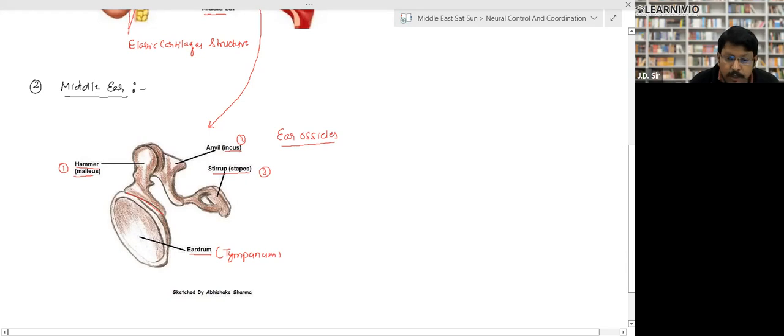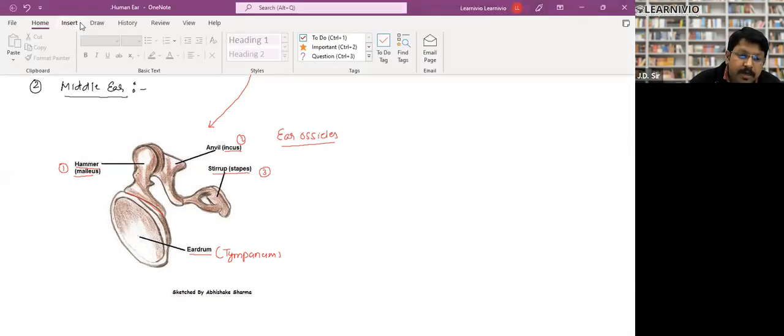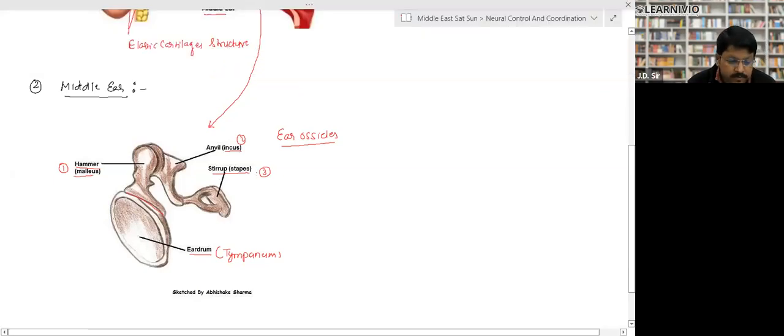What are the parts of the middle ear? The middle ear includes, first, the tympanic cavity. The green part where the air is filled is called the tympanic cavity.